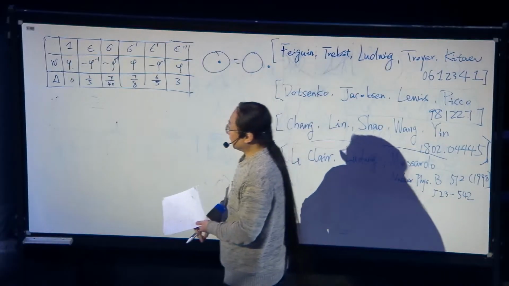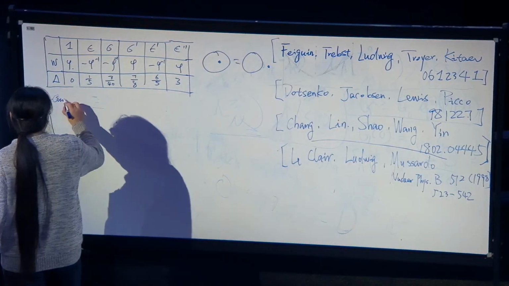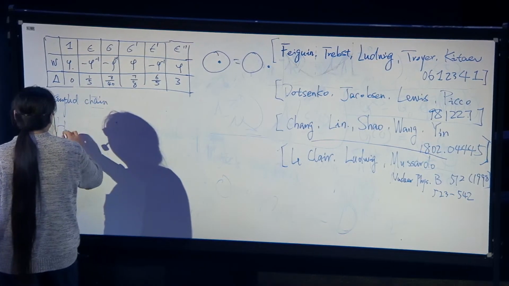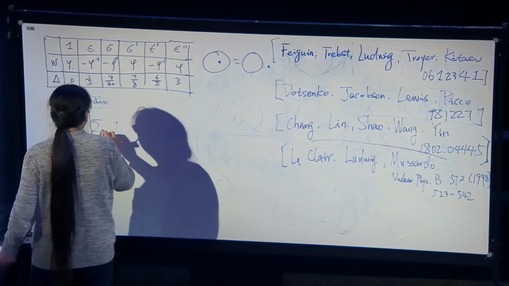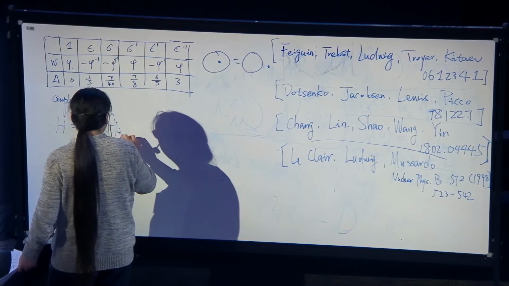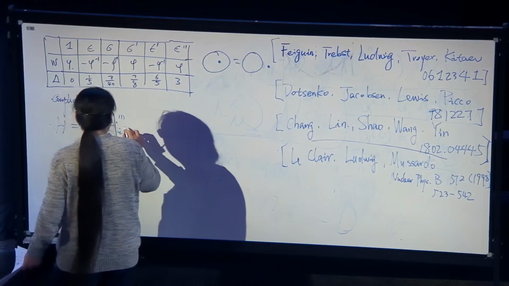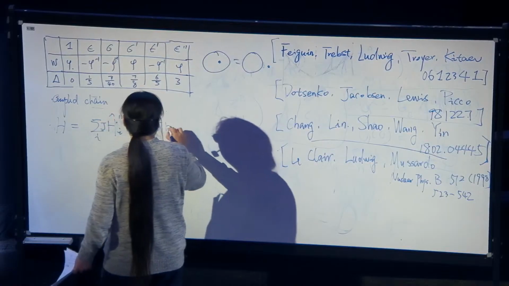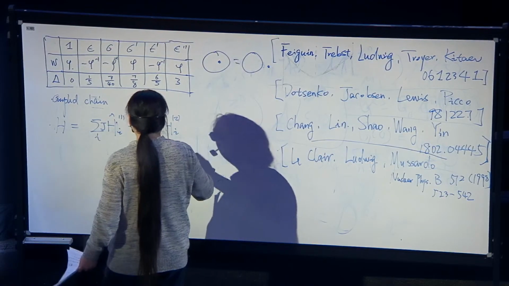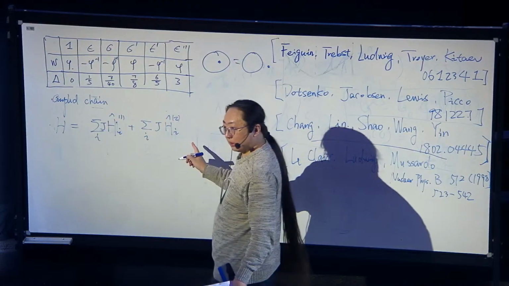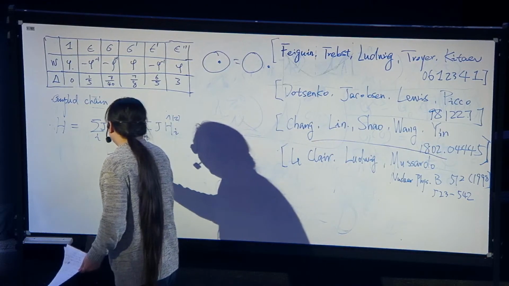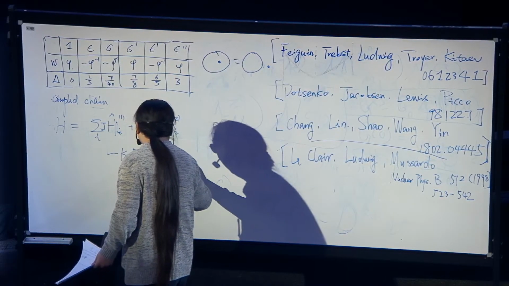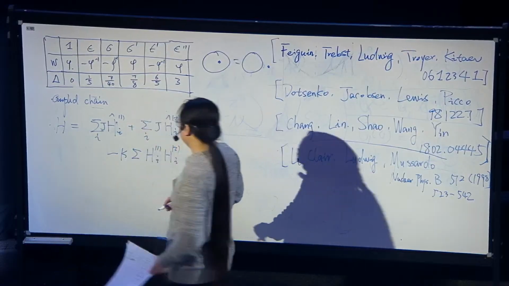Right, so then the coupled chain is basically a Hamiltonian like this. These are the decoupled limit, but you put a K term, which you deform by h1_i h2_i.